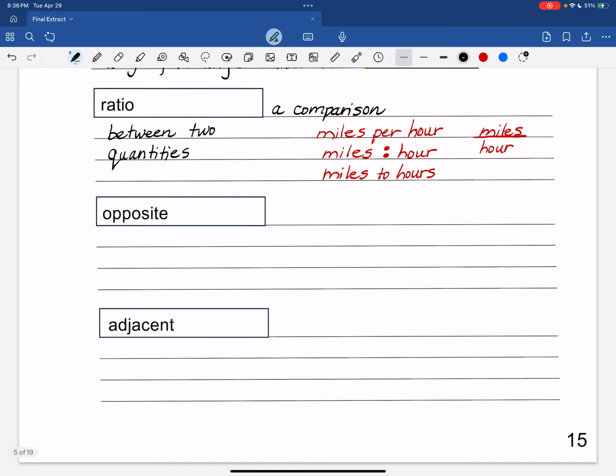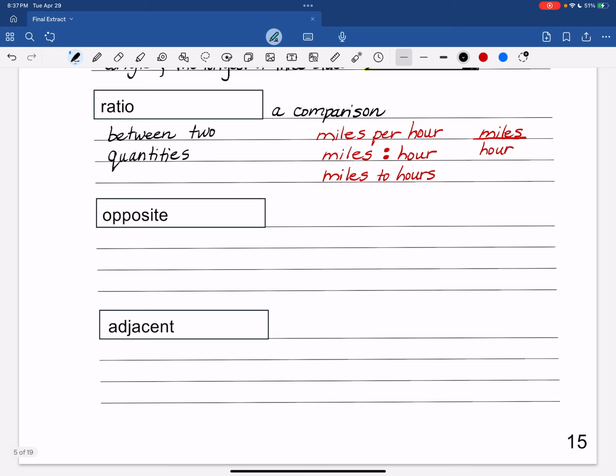All right. With respect to trigonometry, the word opposite. And let me just say, in trigonometry, trig means triangle.